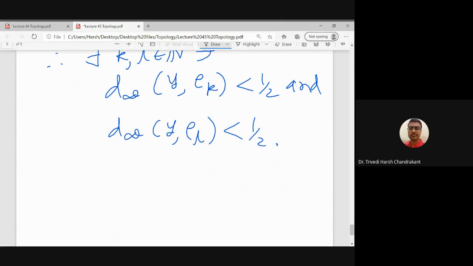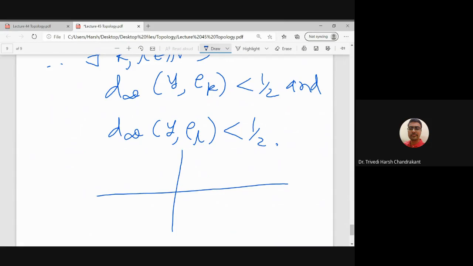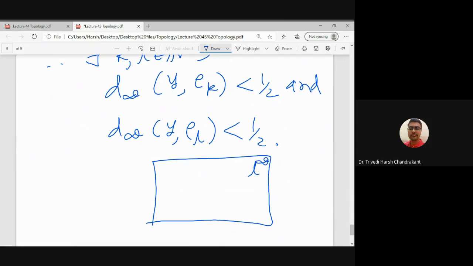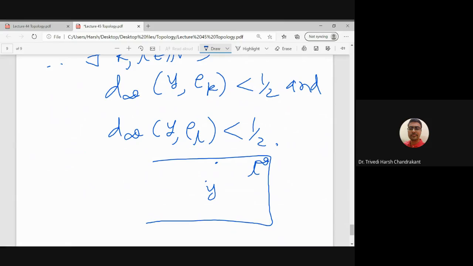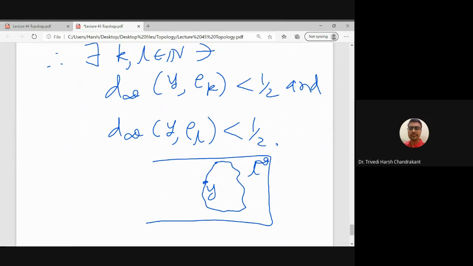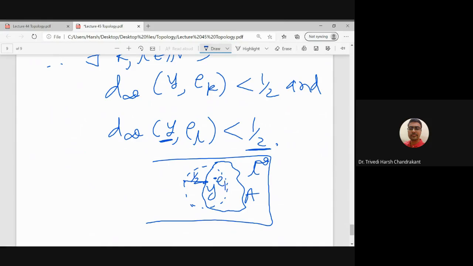So what we are saying basically here is that I have a metric space L infinity and y is the limit point of this set A, right? So whenever I take a ball of radius half around y, this always intersects A in a point. That point I am writing ek, right?